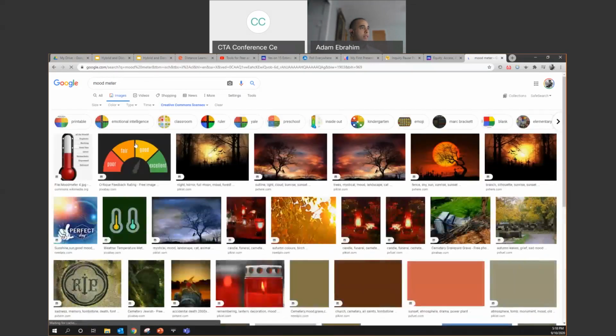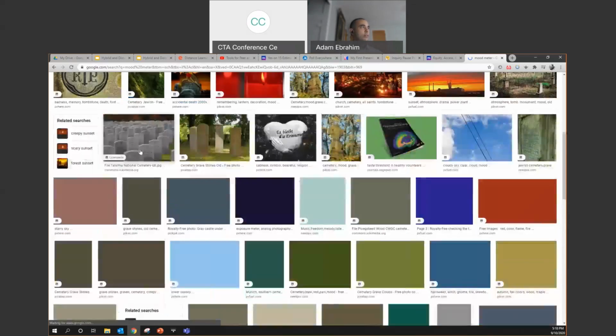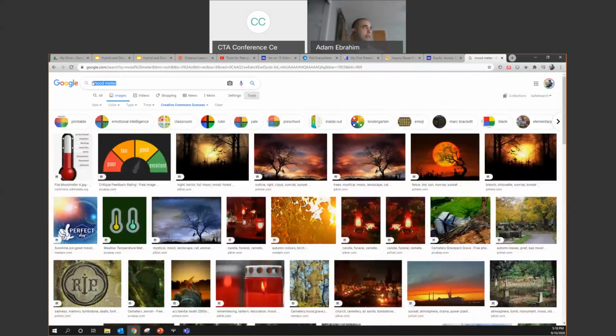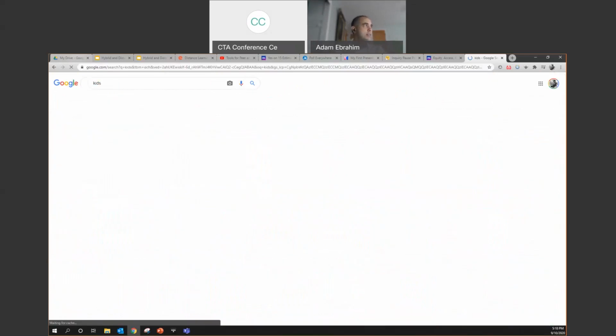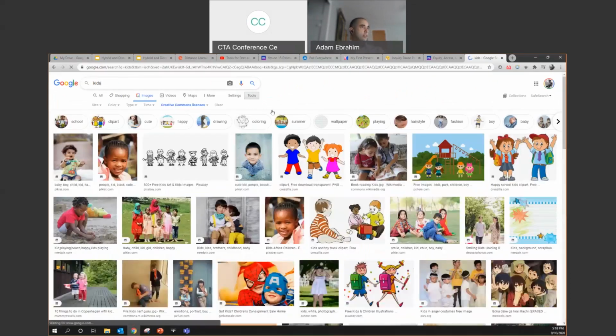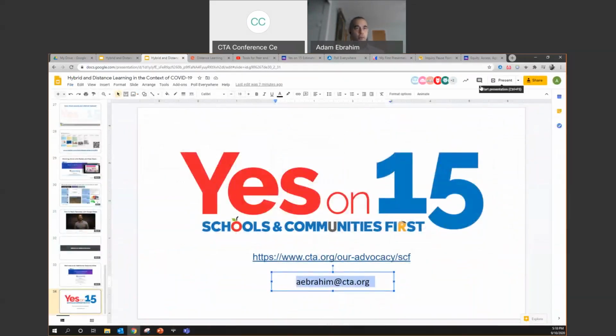Let's say I just want to look at kids having fun. If it has a Creative Commons license, then you're good to use it. So that's a search function. There are also other browsers that look specifically for Creative Commons. So that helps with the plug for the digital citizenship. That's all good.